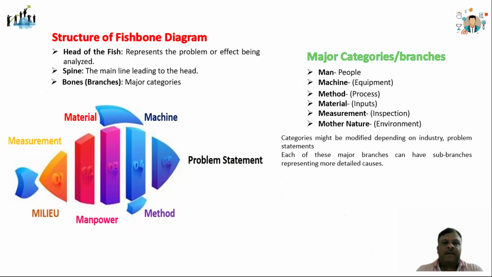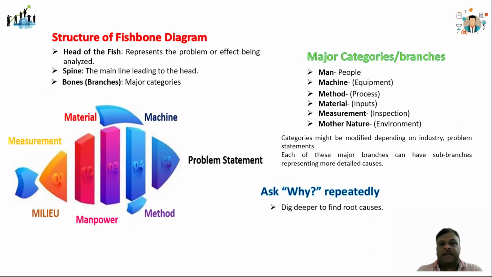Now, once we have created the fishbone diagram and plotted all the categories, our next step is to ask why repeatedly. This will help you to dig deeper into the root causes. Now to understand the concept of why, you can watch the video which I have uploaded earlier on 5 Why.